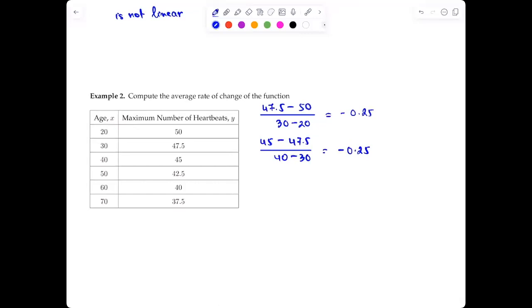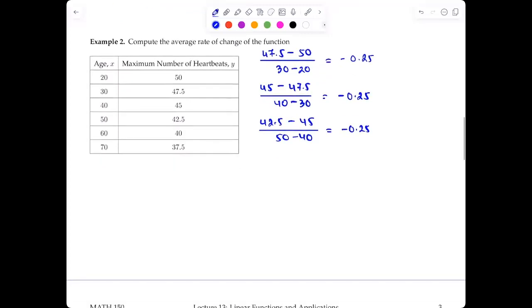So it looks like it's constant, okay? Because they look like they have the same number. You need to complete all the calculations to make sure that it's actually the case. All right, so for the next two values, you have 42.5 minus 45 divided by 50 minus 40. That's negative 0.25.